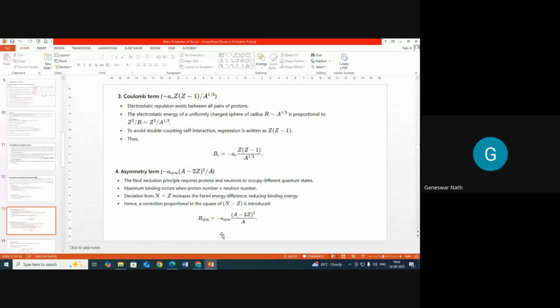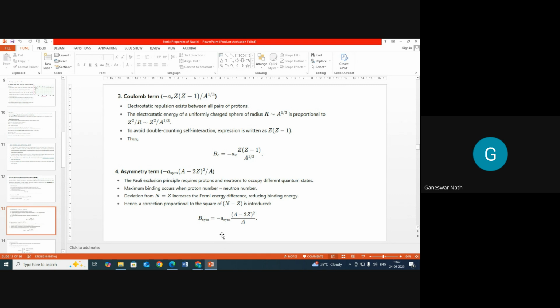So that is why the electrostatic repulsion exists between all pairs of protons, and the electrostatic energy of a uniformly charged sphere of radius R, which is proportional to A to the power 1 by 3, is proportional to the square of the atomic number divided by the radius, which is nothing but Z square by A to the power 1 by 3. I substitute the basic formula, that is R is equal to R0 into A to the power 1 by 3.